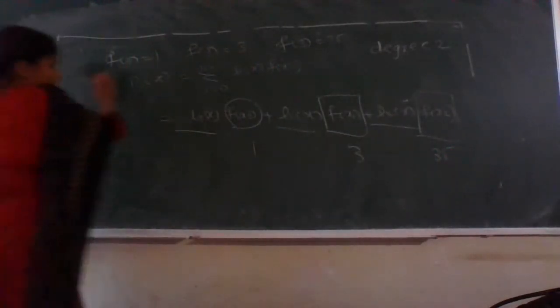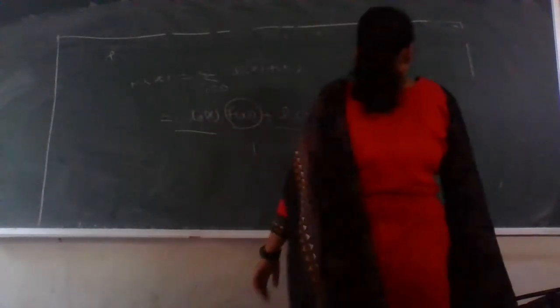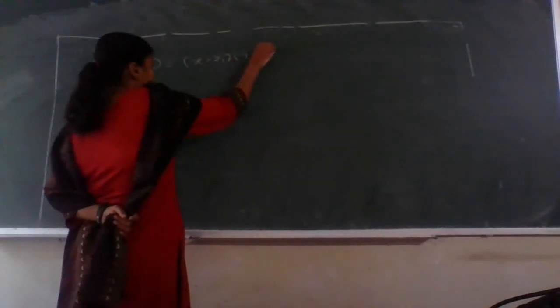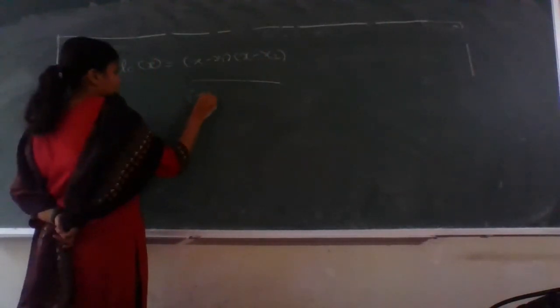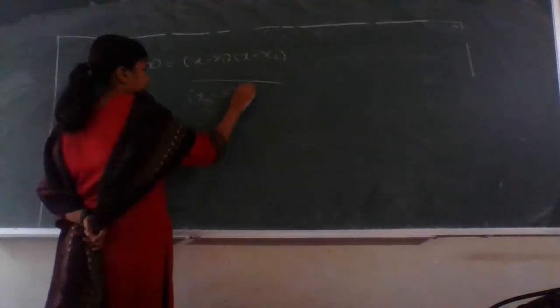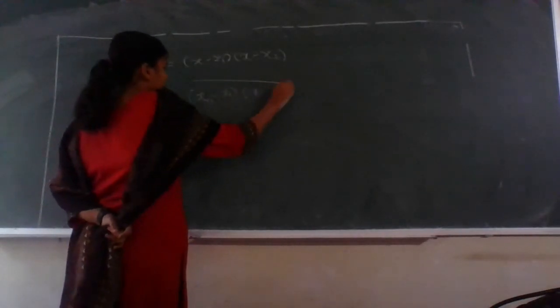Okay, so let us first find the values of L0, L1 and L2, and then put them into this equation so that we get the new polynomial P of x that satisfies the given conditions. So L0 of x, from the last equation we have written, is x minus x1 and x minus x2 divided by x0 minus x1 and x0 minus x2.